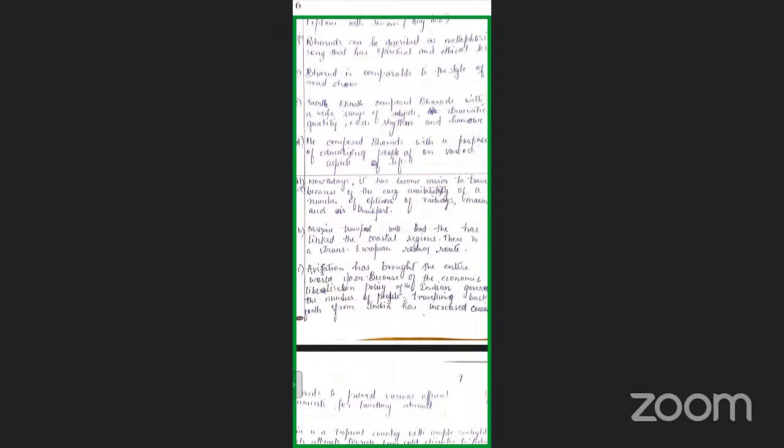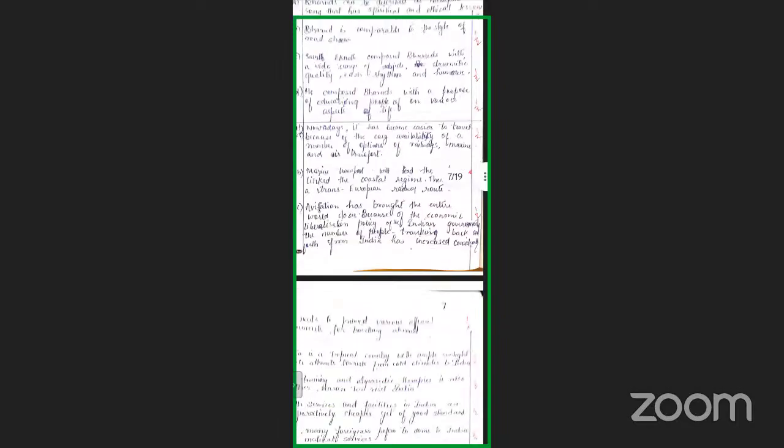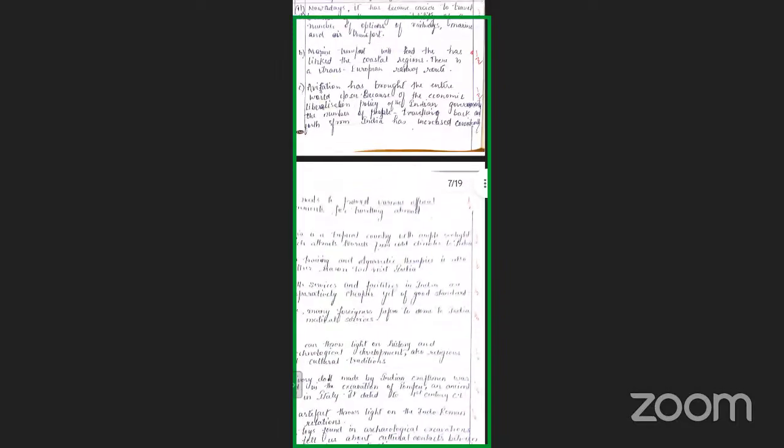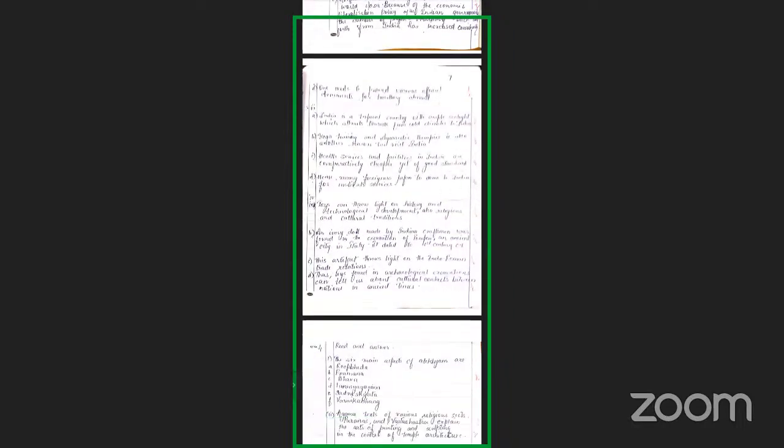When the board examiner sees it, he understands that you're not referring to the textbook, and they are very keen that whatever textbook is designed by the board, you give importance to it. If you're not reading it, that is a very dangerous thing. You may lose your marks there, so please don't go on with that.